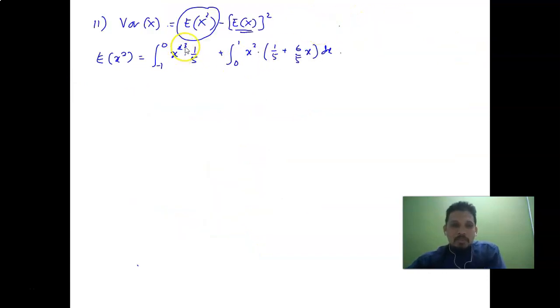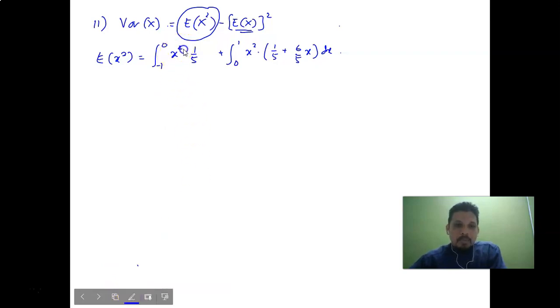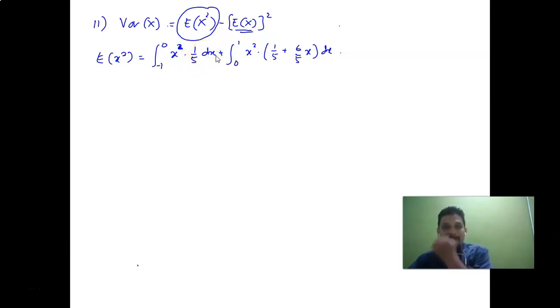So x squared times 1 over 5 with respect to x. So again, the function of 1 over 5 times x squared here, and also x squared with this one.